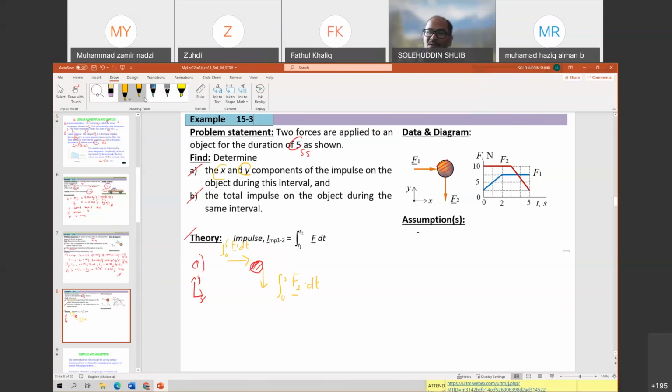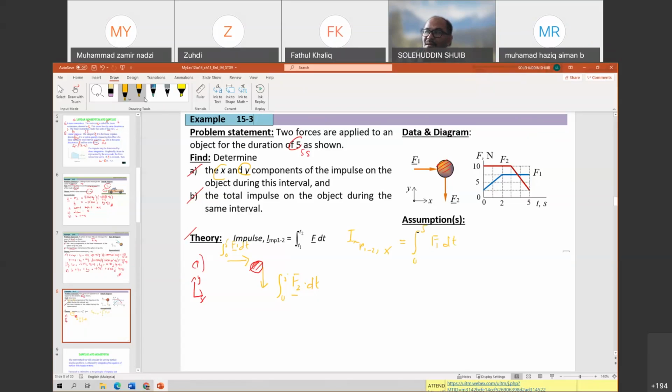So we start with the first one, impulse 1 to 2, and we take the X component first, which is equal to the integration from 0 to 5 of F1 dt.